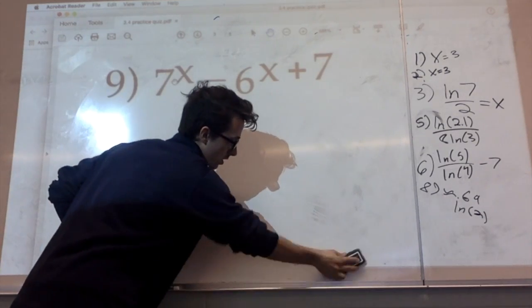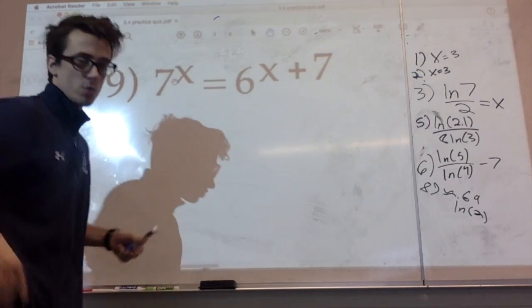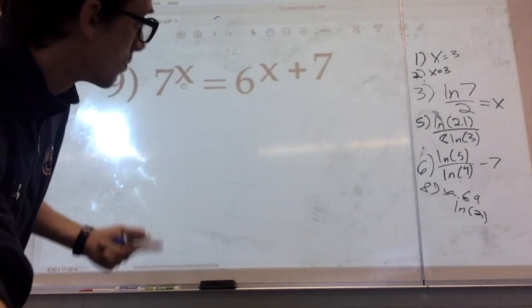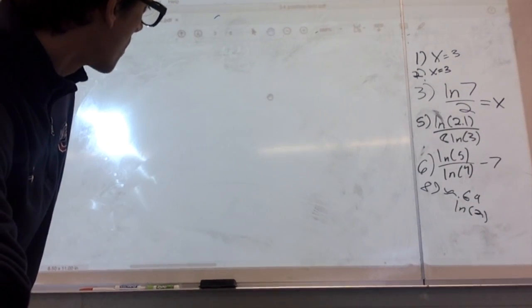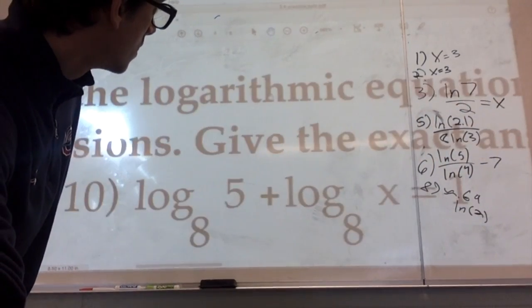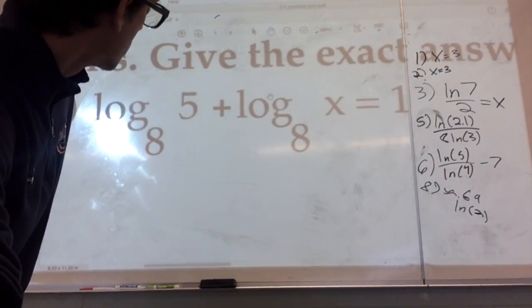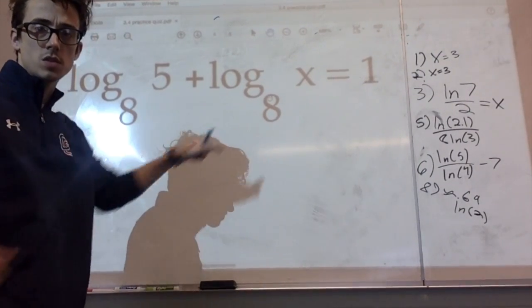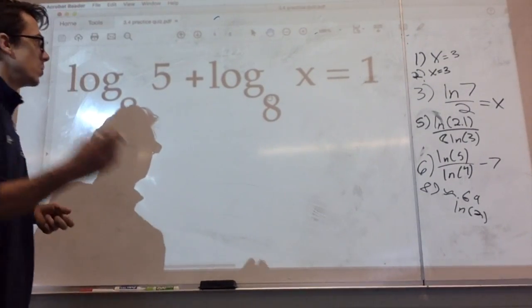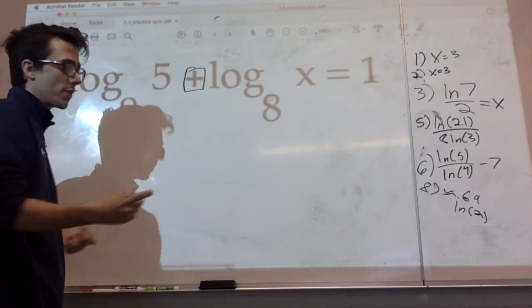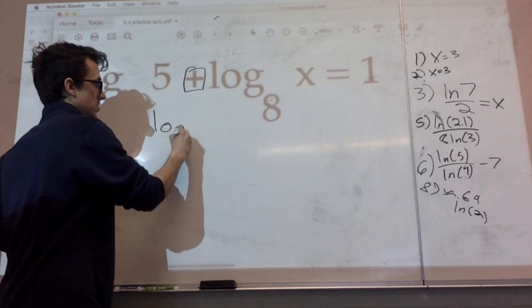The rest of the quiz starts to tone down in the sense that we're really going to start looking at logs of properties and natural log properties. And those are kind of used together. So here we have base 8 for both of these, so we know we can combine them. We see addition, but when we bring the argument 5 and x together, we want to use multiplication.